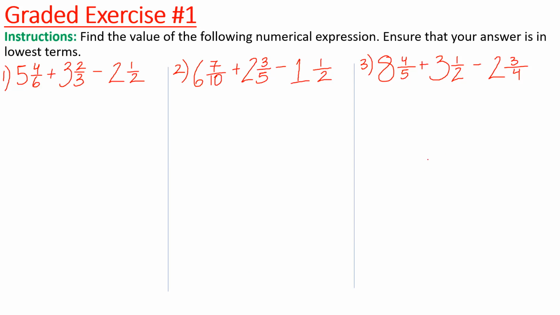And Joseph, what number are you on? Number 3. Good. Samantha Taylor, what number are you on? I'm finished. Okay.